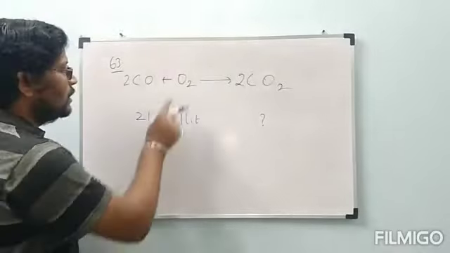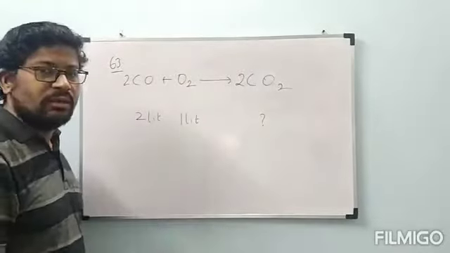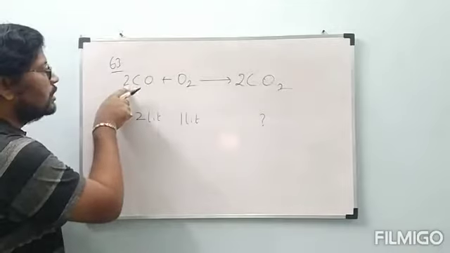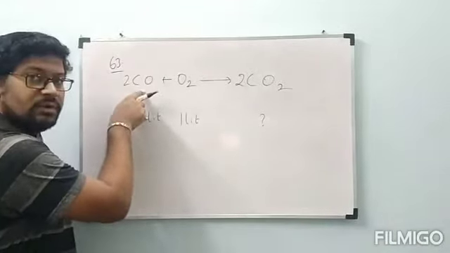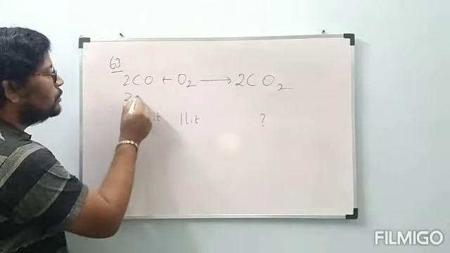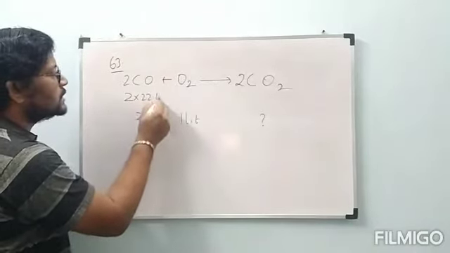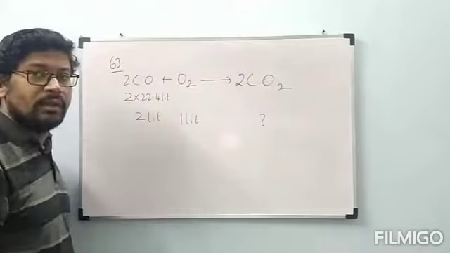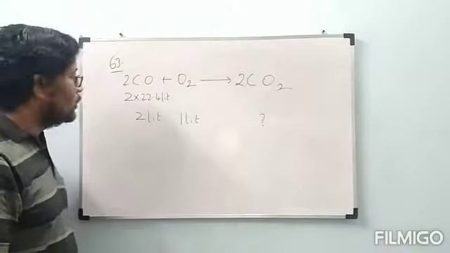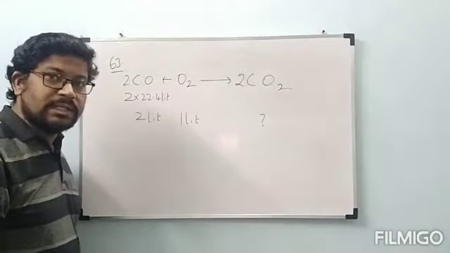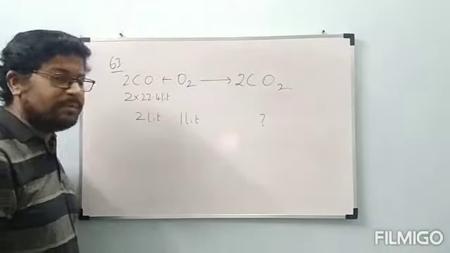Now according to the stoichiometric equation, we know this is 2 moles of CO. 2 moles of CO will occupy 2 into 22.4 liters of volume at STP.